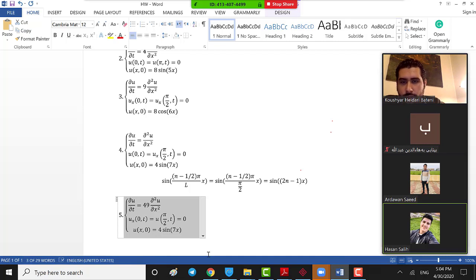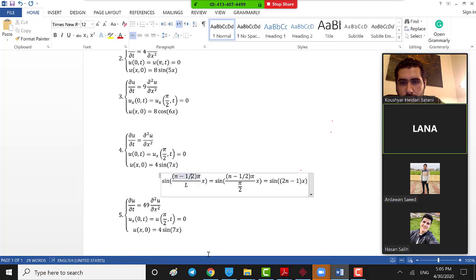The eigenfunction is the function that you find at the end of step 2, after finding lambda and finding f of x. Now, for this case, can anybody tell me what it is equal to? Cosine of (n minus 1 over 2).